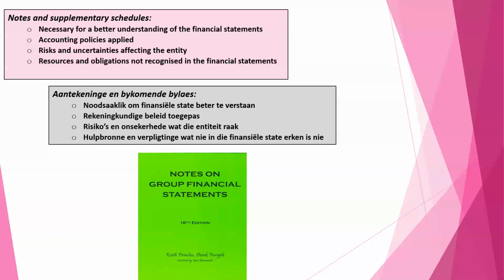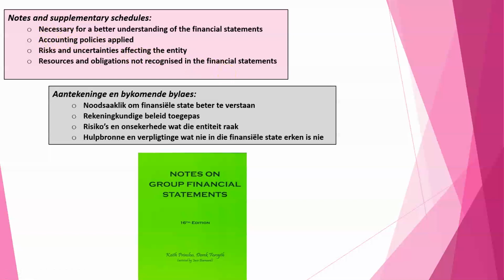The problem with accounting policies that differ is that they have a direct impact on your profitability. So if I'm going to compare two companies with each other with different accounting policies, I must make some kind of adjustment between those two companies' results to make provision for these different accounting policies so that I can bring them on the same basis.